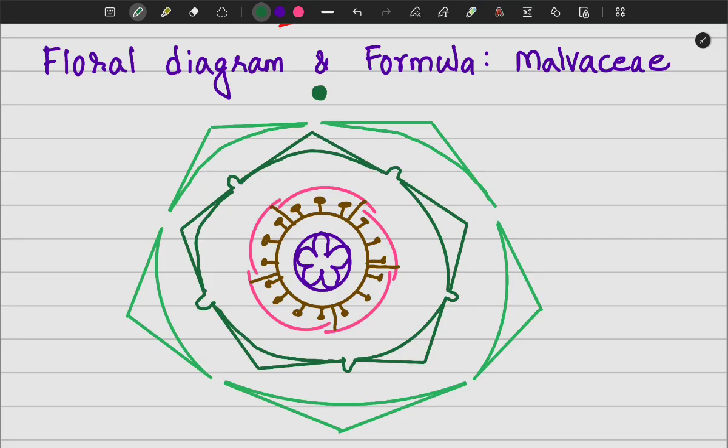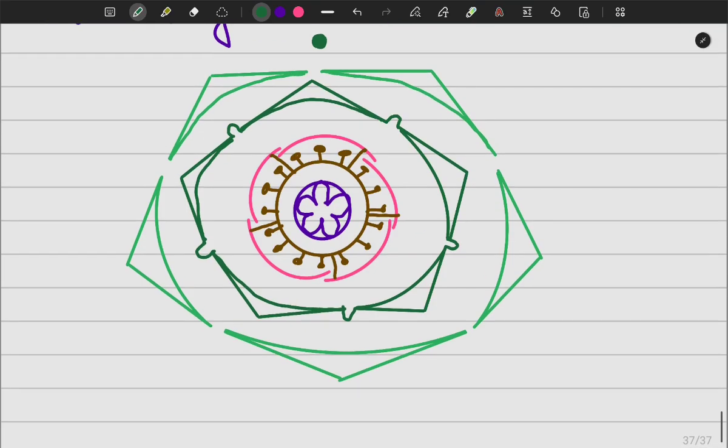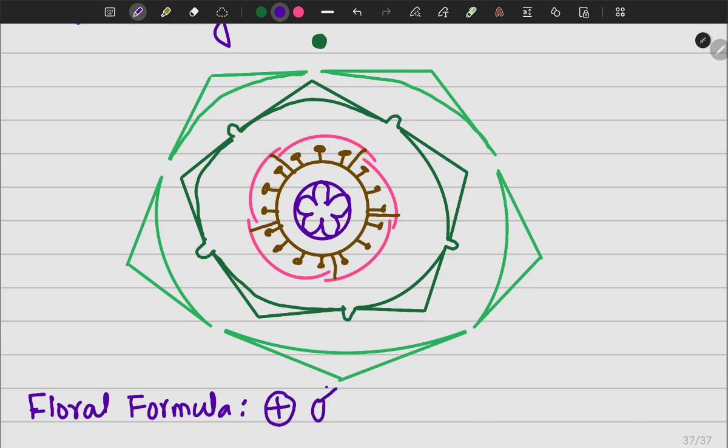Now let us write down the floral formula. So starting with the symmetry, actinomorphic, bisexual flower.